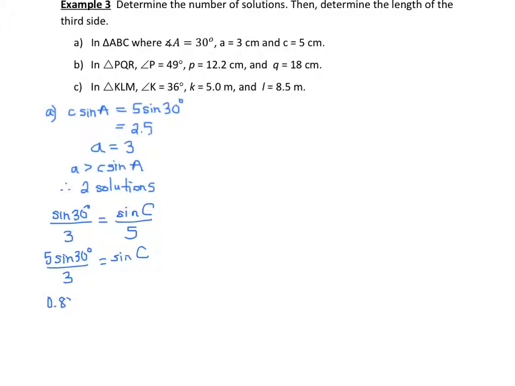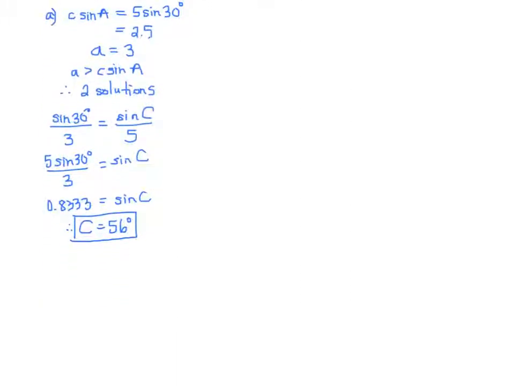That is 0.8333, which means that angle C is sine inverse 0.8333, which gives us 56 degrees. That's one possible solution.